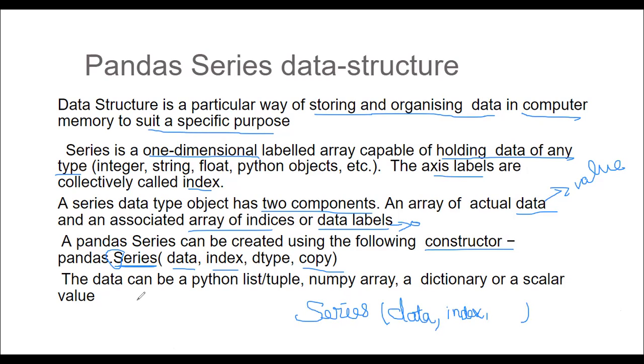Okay, the data can be a Python list or tuple, a NumPy array, a dictionary, or a scalar value. So the data you are passing over here can be a list or a tuple or a NumPy array or a dictionary or a scalar value. Only these types of things.